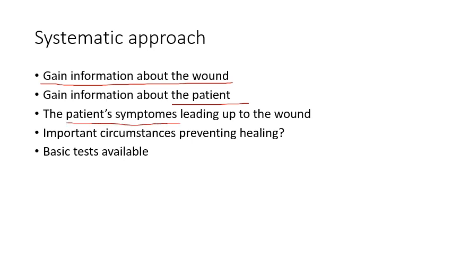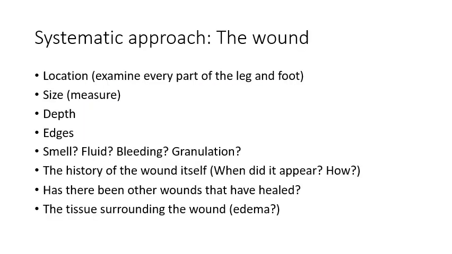We'll look at the patient's symptoms leading up to the wound and other circumstantial things that might prevent healing, such as mobility and so on. And then we're going to look at the basic tests that are available and how we assess going on to get our actual diagnosis.